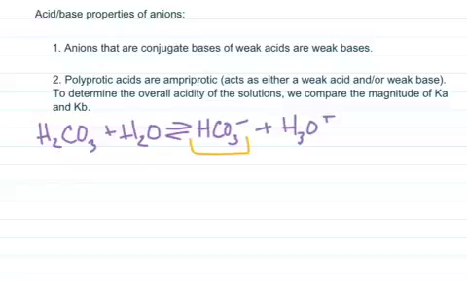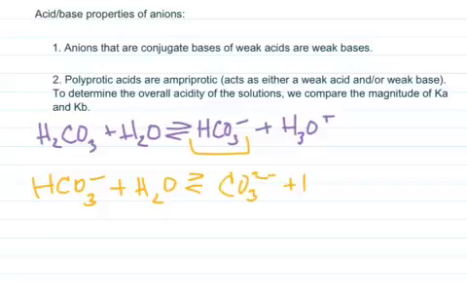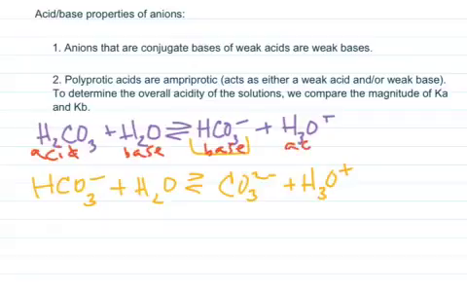Now this can be broken down even more: HCO3 minus plus H2O becomes carbonate, CO3 2 minus, plus H3O plus. Now, because the carbonic acid lost a hydrogen in the product, we know that this is the acid, this is the base, this is the conjugate weak base, and this is the acid.